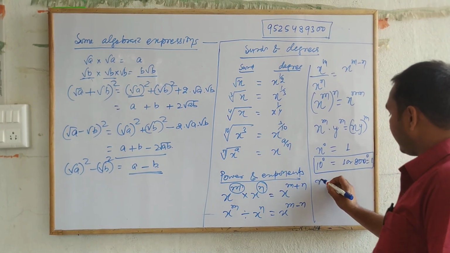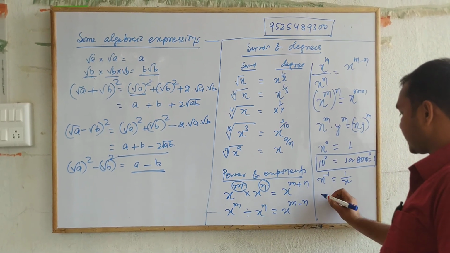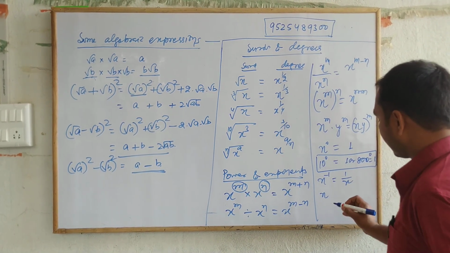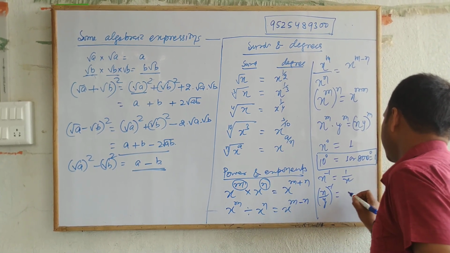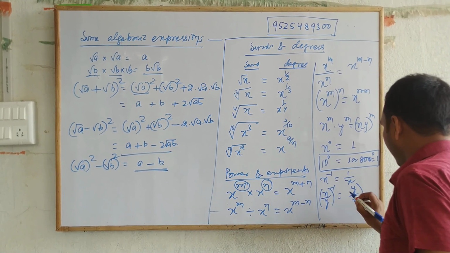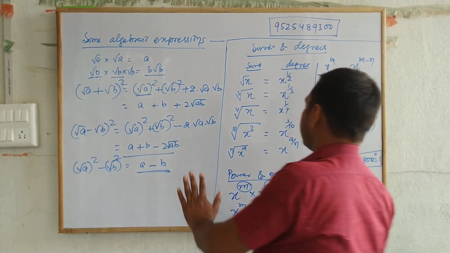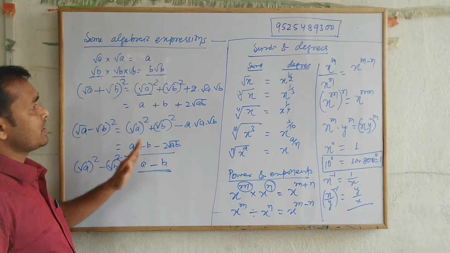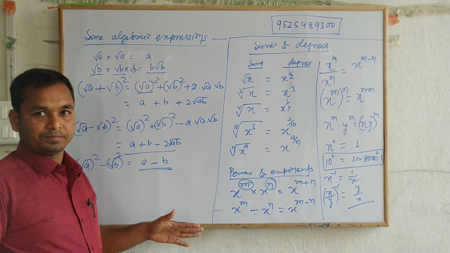And if x to the power minus 1, then it will be 1 by x. If x by y to the power minus 1, in this condition it will be y by x. On the basis of these properties, we can solve the next exercise.